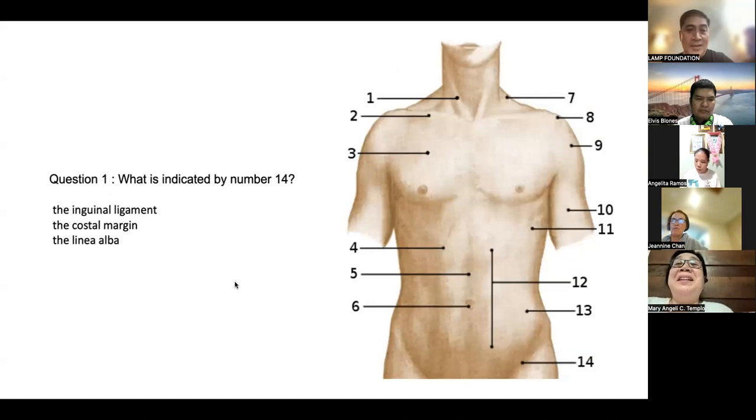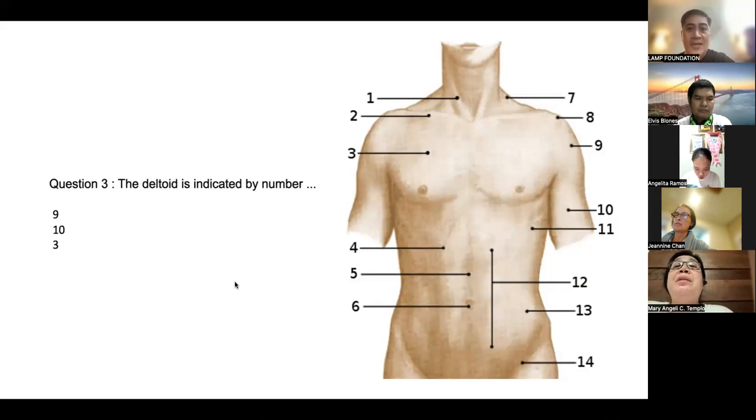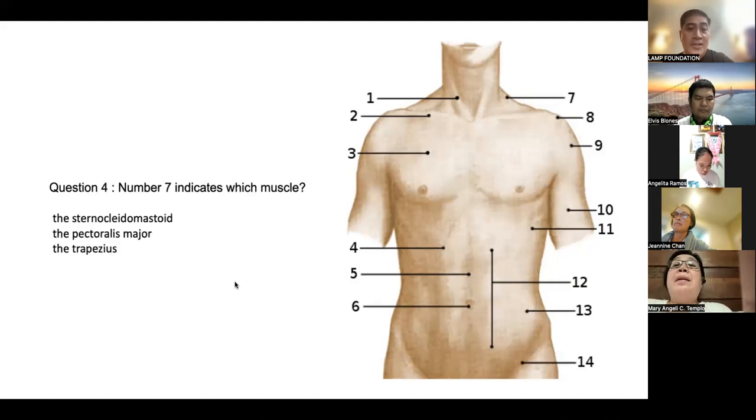What is indicated by number 14? Inguinal ligament po. Great. Number 3 is pointing to what? Pectoralis major. Deltoid is indicated by number what? Number 9. Okay. Number 7 indicates which muscle?